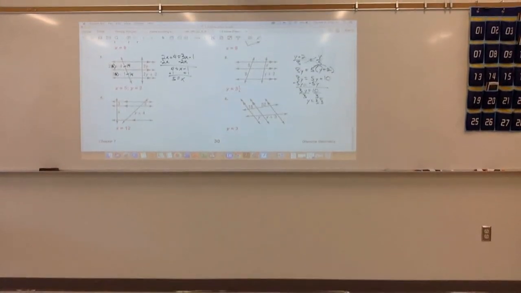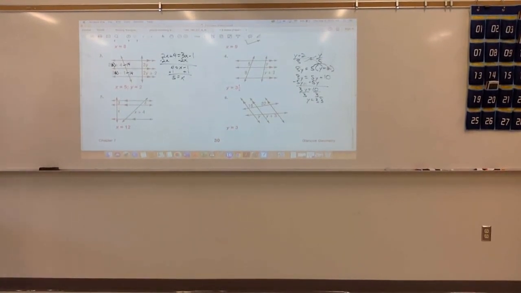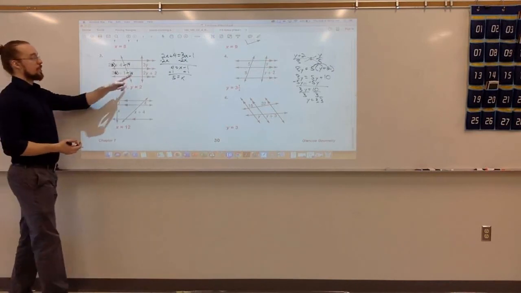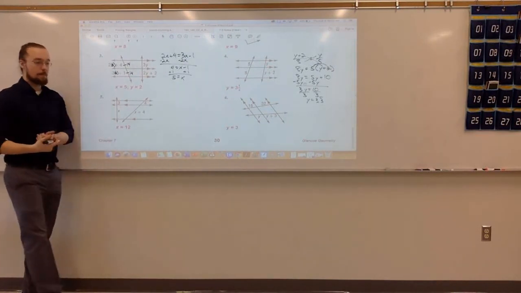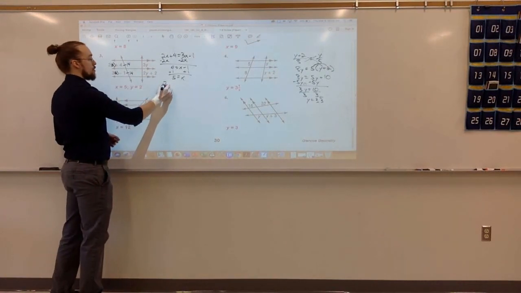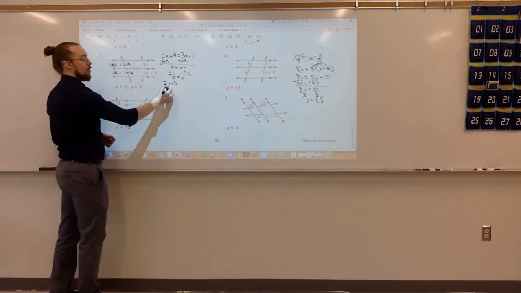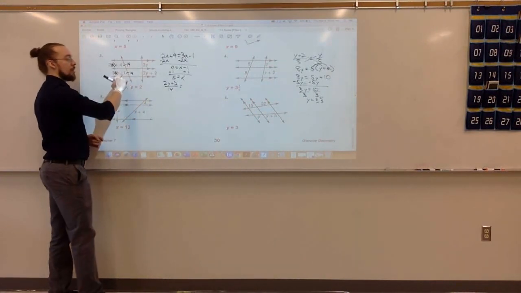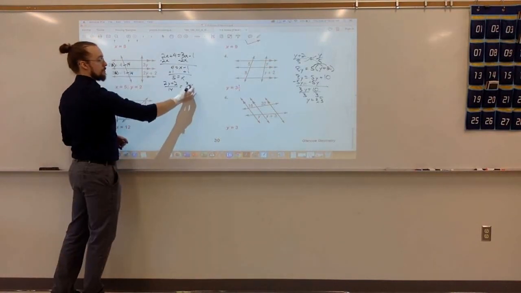So now we could set up a proportion. Now we can set up a proportion and cross multiply. So we could say 2y plus 2 over 14 equals 3y over 14.